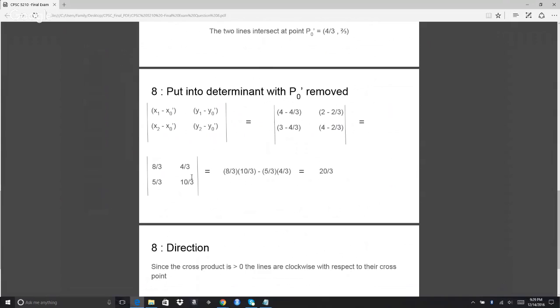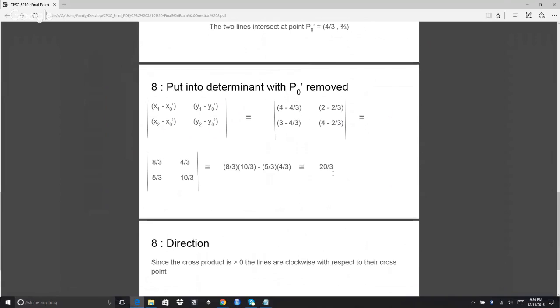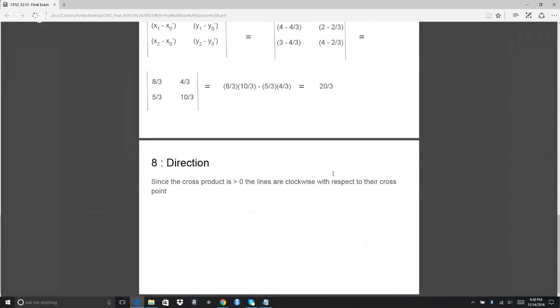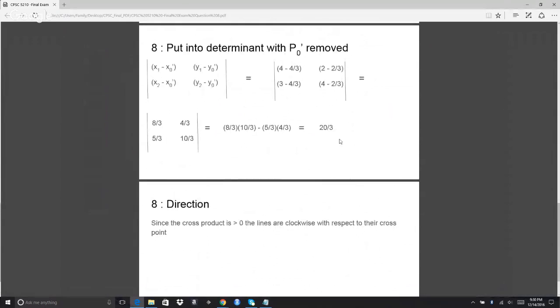So now carrying out the determinant, this is x1 times y2 minus x2 times y1, and that's represented in this equation. Carrying out the multiplication and reducing terms, we get 20 divided by 3. So this value has a few different meanings for us.